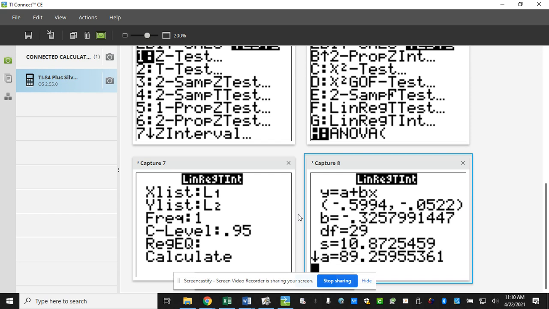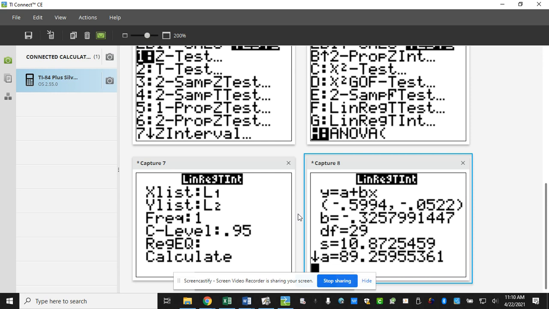So our equation is y hat equals 89.2596 minus 0.3258x. Our degrees of freedom is 29. What's the other? R squared.